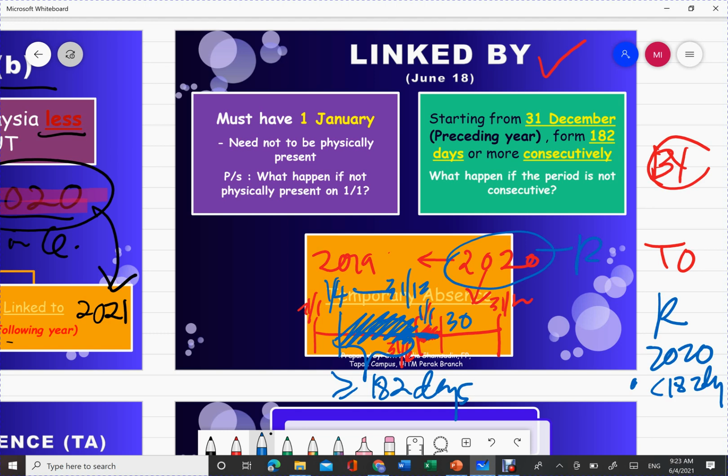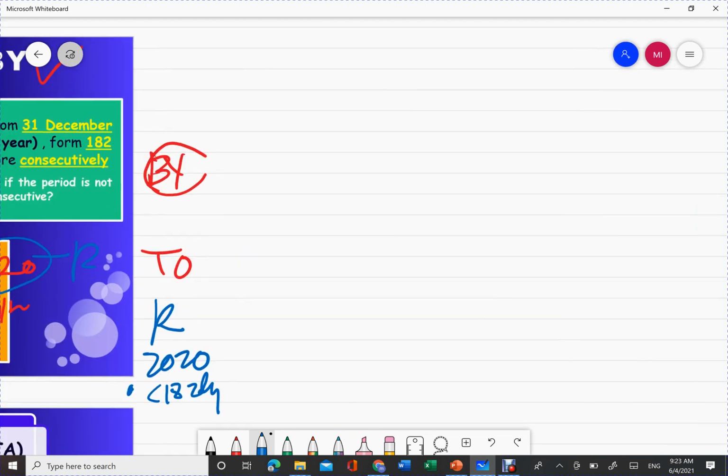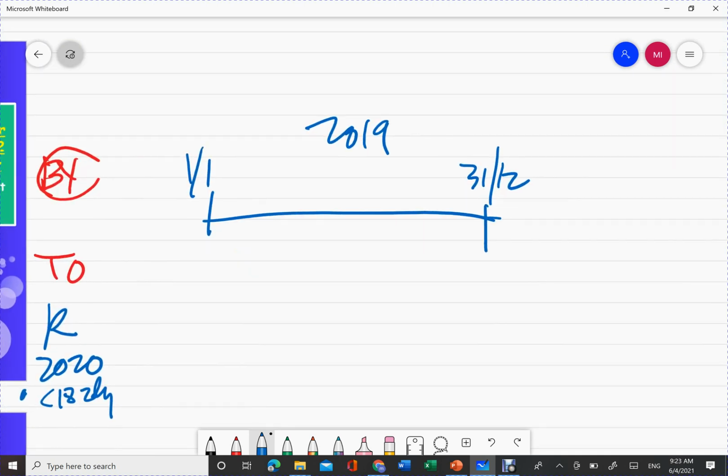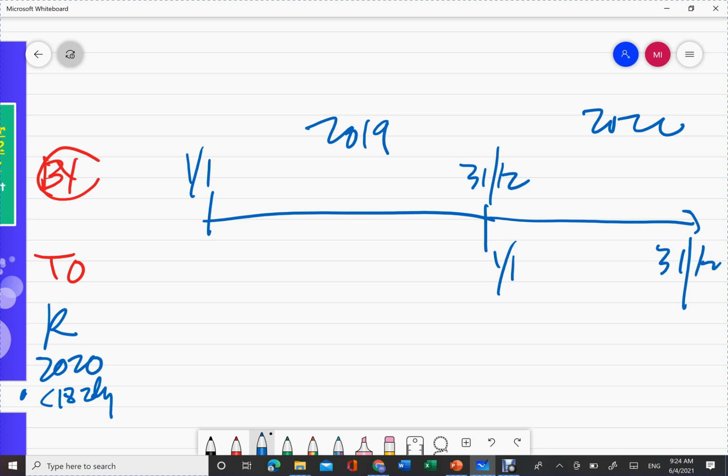And this minimum 182 days must be consecutive, it can't be broken. He can't do this, okay? Say year 2019 ends on 31st December, and this is 1st January, the beginning of year 2020, from 1st January to 31st December 2020.